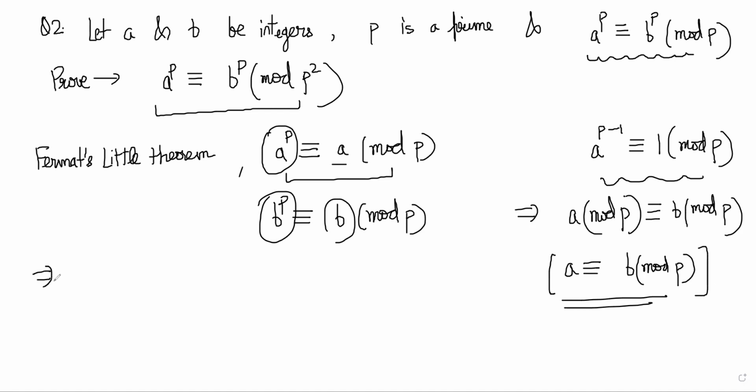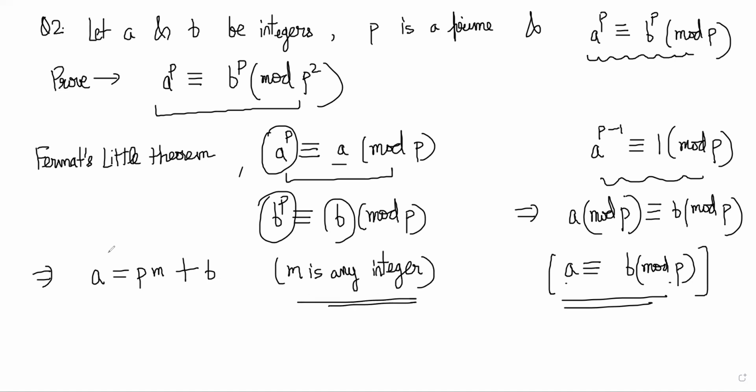So that means that a can be written as p times some integer plus b, right? Because b is the remainder when you divide a with p. Here m is any integer. So now let's use this notation to try to prove this statement, right? We have to think of what is a power p. So a power p will be basically b plus m times p, to the power p.